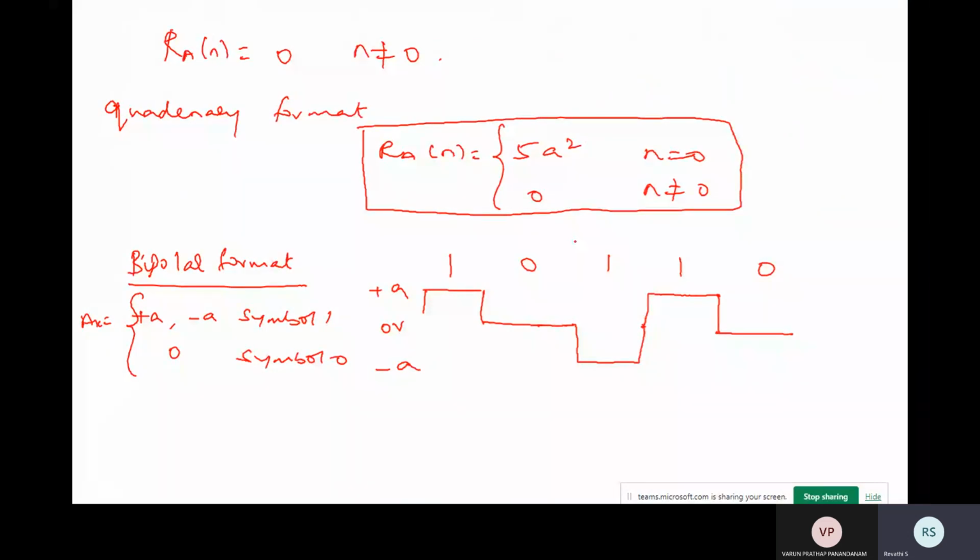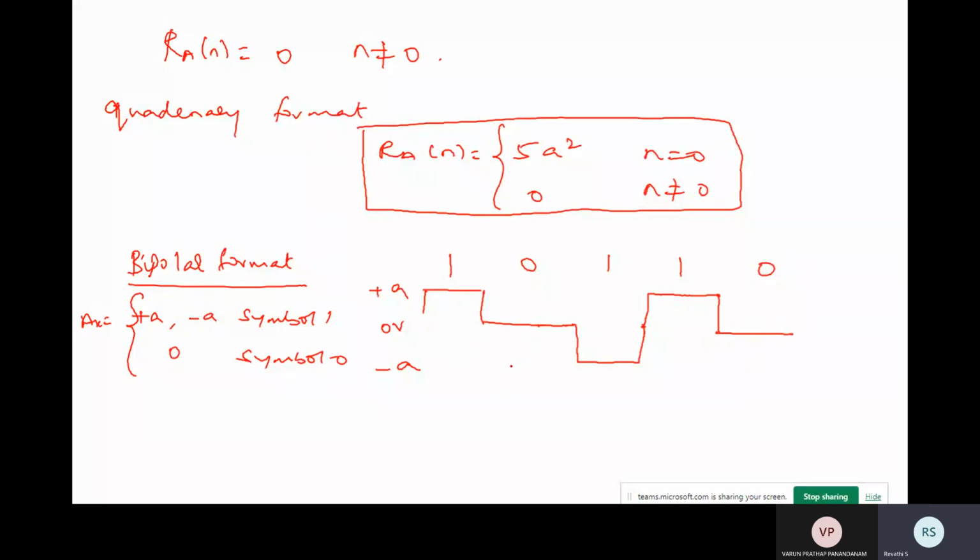That is because you can see if two ones are adjacent, one is positive, another one is negative. Okay, when n is equal to 0, it means you are concentrating on only one symbol duration. So you will have only either a plus a combination, a minus a combination or a 0 combination.